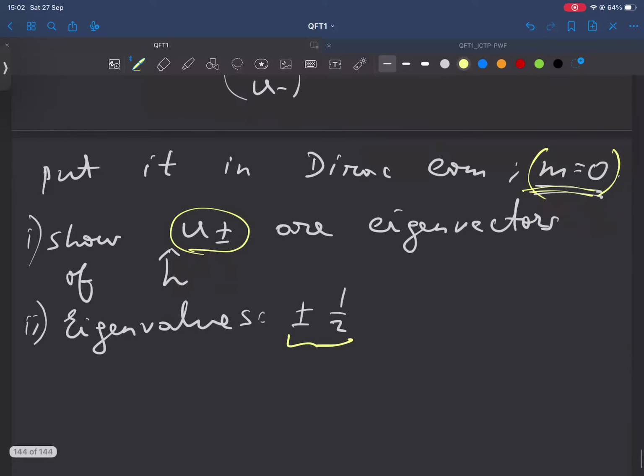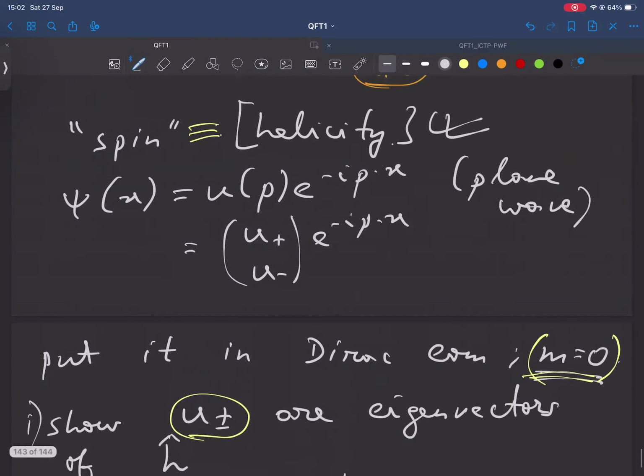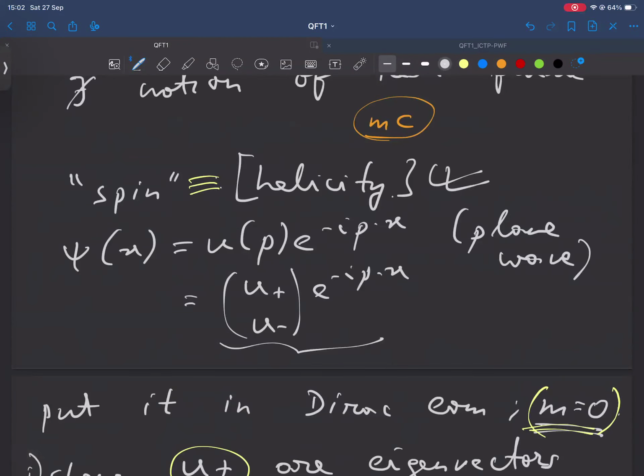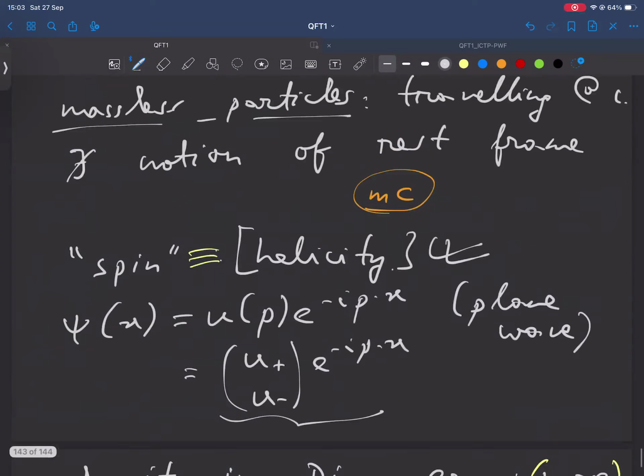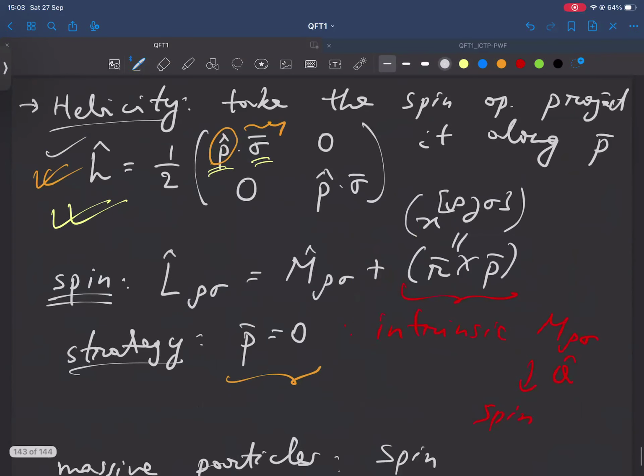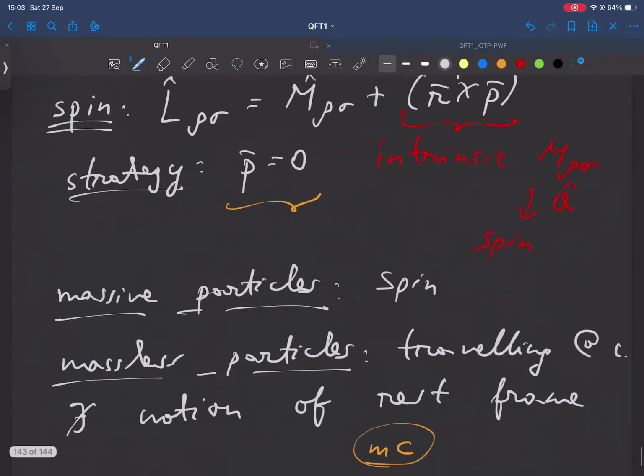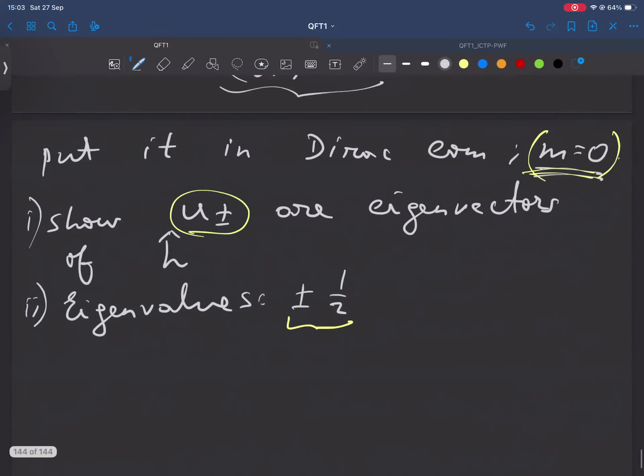As we have argued, this has to do with having a left-handed or a right-handed system, which is related by parity. So if you do this exercise, again very simple, you use the Dirac equation to prove that they are eigenvectors of this operator, and once you have them, calculate eigenvalues as you usually do.